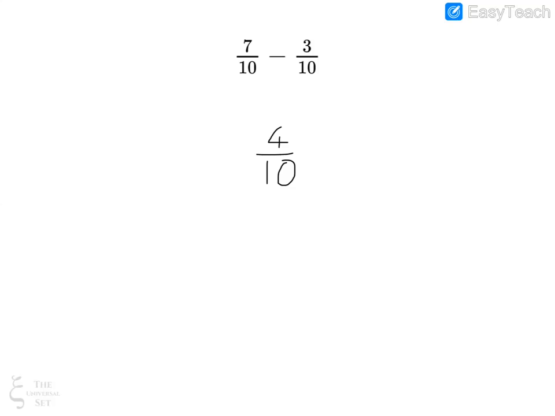What times table are they both in? They're both in the 2 times table. So I can divide by 2 this 4, and I can divide by 2 on the bottom as well, divide the 10 by 2, and that will leave me with 4 divided by 2, that's 2, 10 divided by 2, that's 5. So 2/5 is going to be my answer here.